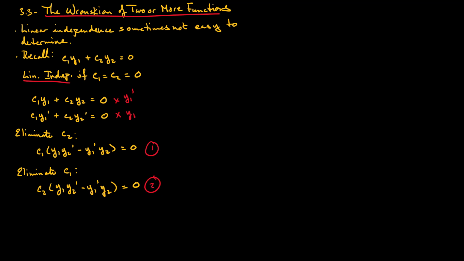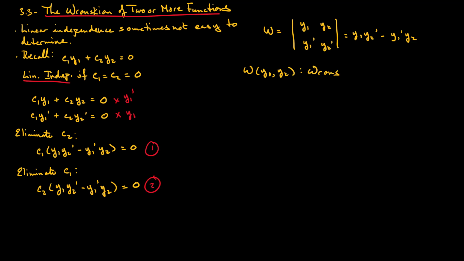So this factor in the brackets can be expressed in determinant form as the determinant of y1, y2, and then y1 prime, y2 prime, and this is equal to y1 y2 prime minus y1 prime y2. And this function, which we denote as W, is called the Wronskian.